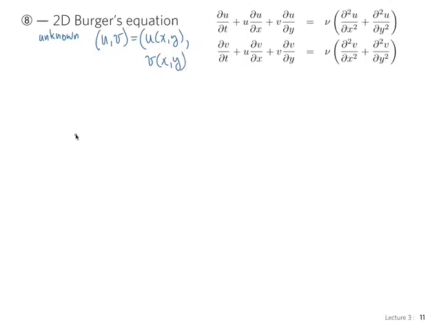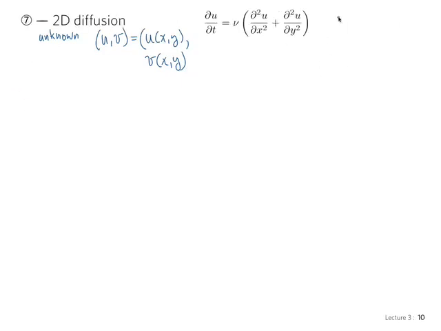So in this case, we have a vector function of space, two-dimensional space. In the 7th step, notice we only have u. So u here is u of x comma y. So it's still two-dimensional, but we only have one unknown.